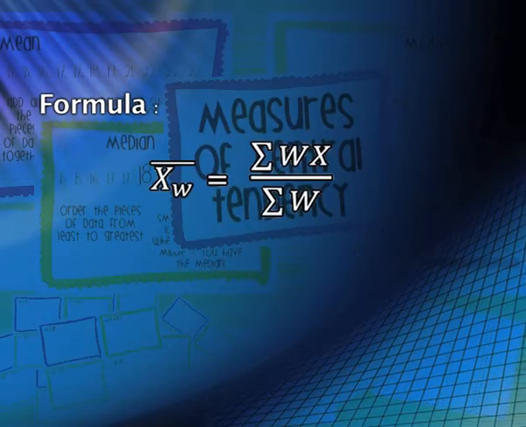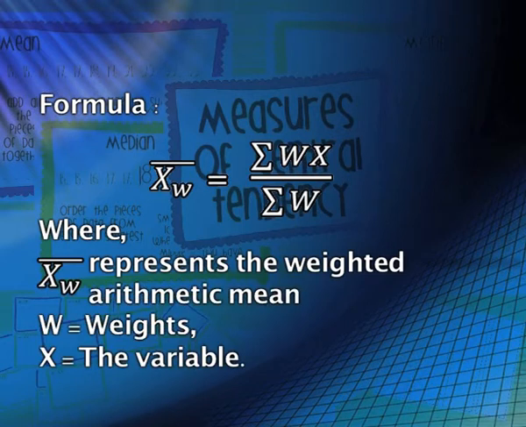The formula for computing this is xw bar, which is equal to sigma wx divided by sigma w, where xw bar represents the weighted arithmetic mean, w here is weights, and x is the variable.